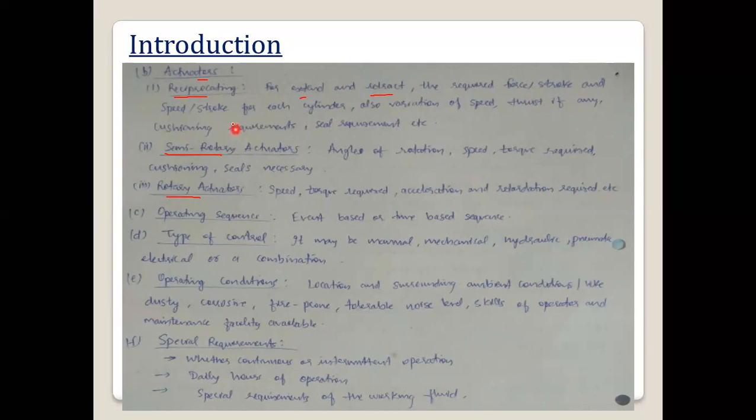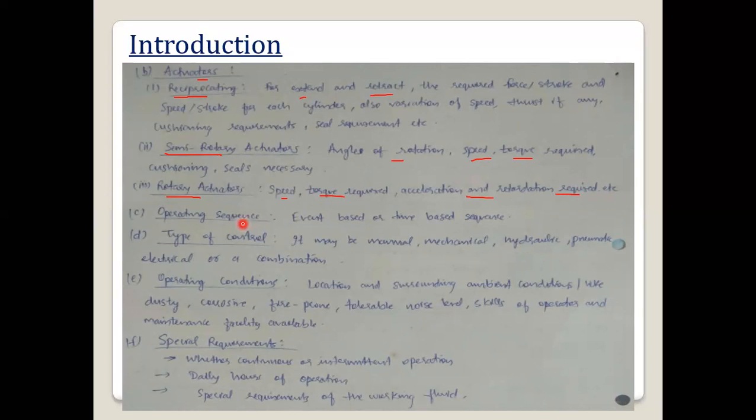Then again in reciprocating, cushioning will come. Then semi-rotary actuator, what happens? The angle of rotation will come, speed, torque. So what torque is required and all we will consider for the semi-rotary. Then again the same for the rotary: the speed will be available, then torque, acceleration, retardation will be there.